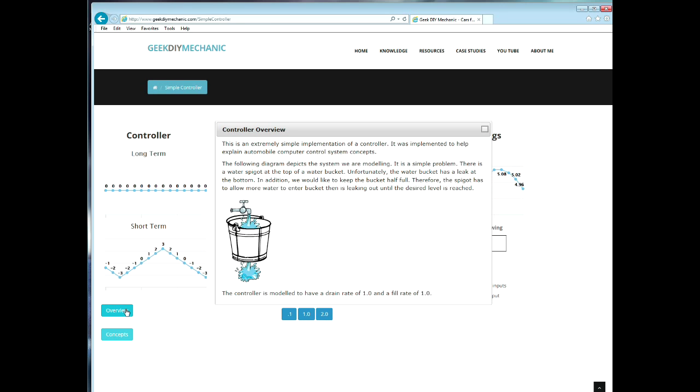The bucket is the system you're trying to control, and the controller is tuned so that as much water is flowing in from the spigot as is flowing out. What a controller is trying to do is get the system in harmony, in a steady state.